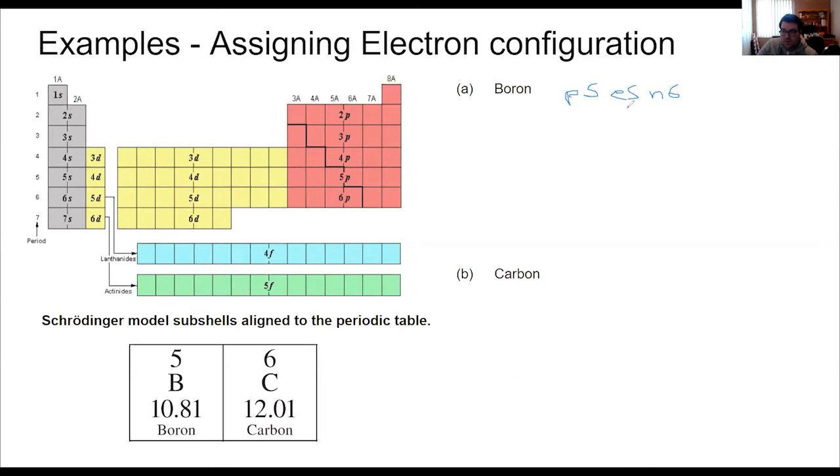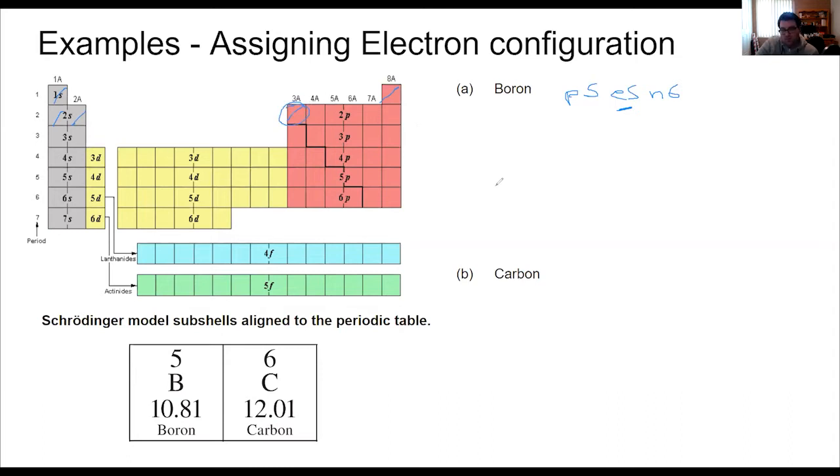Now, we need to worry about those 5 electrons though. So counting up, it's the 5th atom. We have 1, 2, 3, 4, and 5. That is where boron is found.